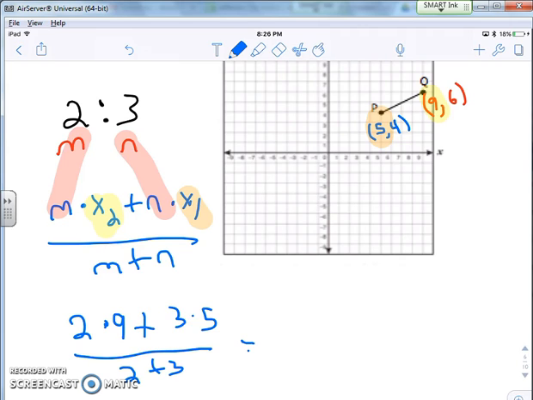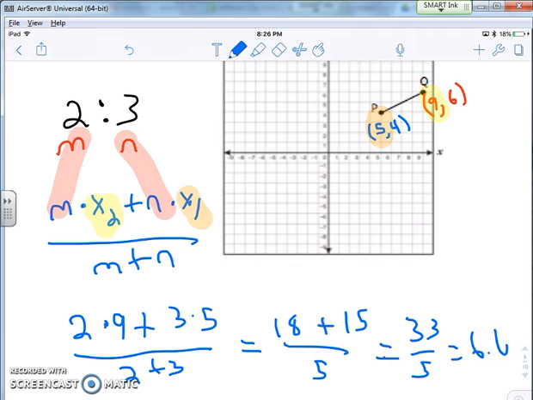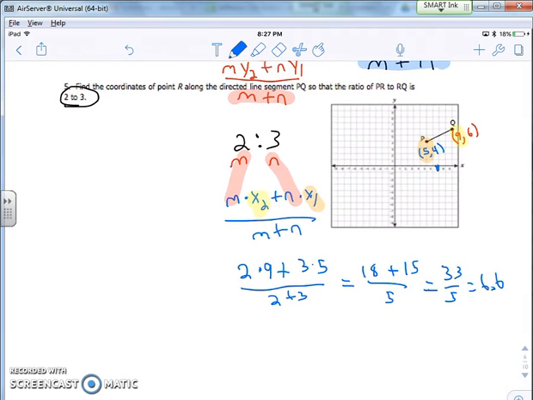It's going to be 18 plus 15 over 5, which is 33/5, which is 6.6. If you look on your graph, 6.6 is about right here. It looks like that might be a 2 to 3 ratio there. Okay, so that's your X.